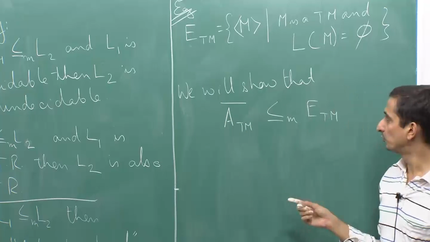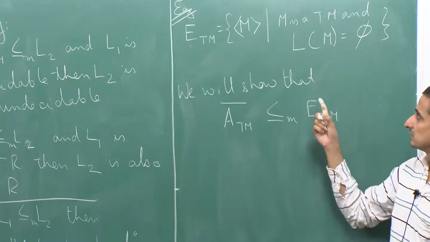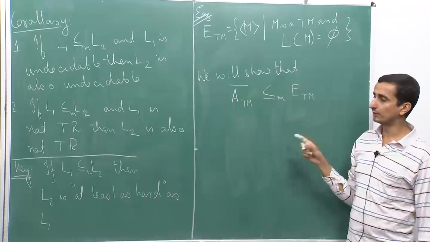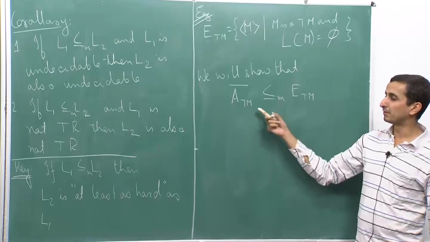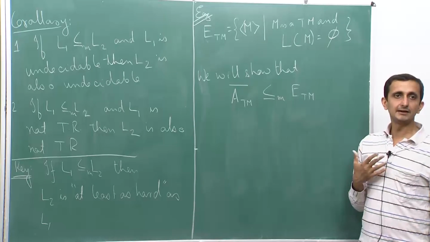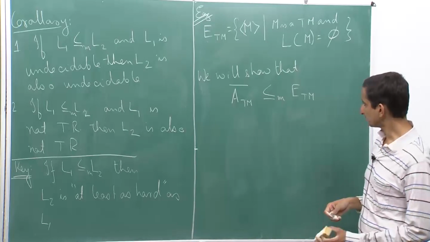Not only will this prove that ETM is undecidable, it will also prove that ETM is not Turing recognizable, because ATM bar is also not Turing recognizable, as we saw last time.